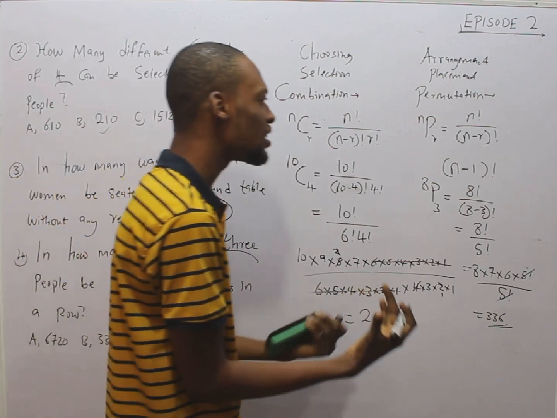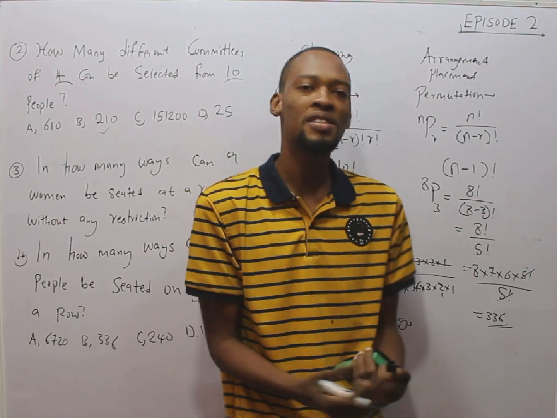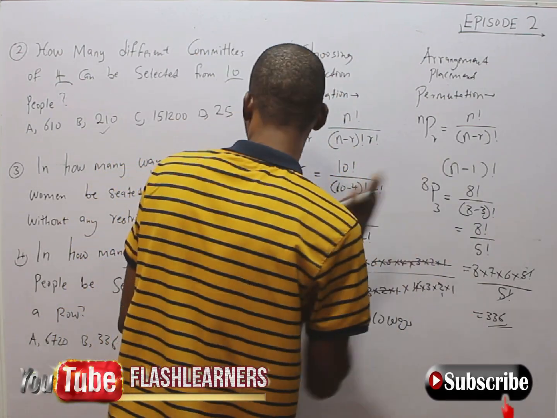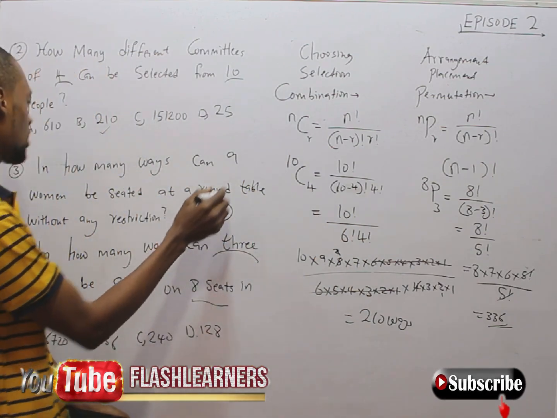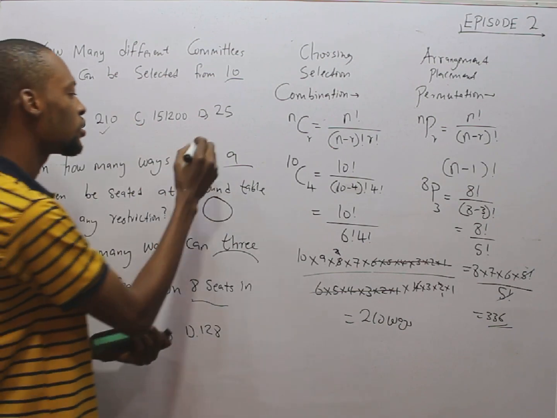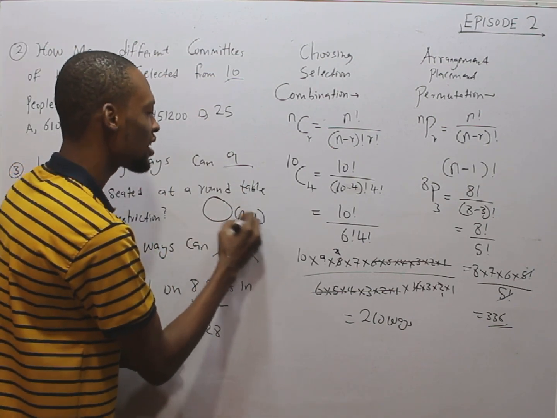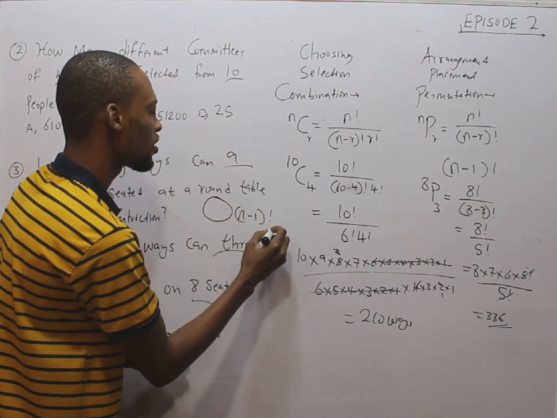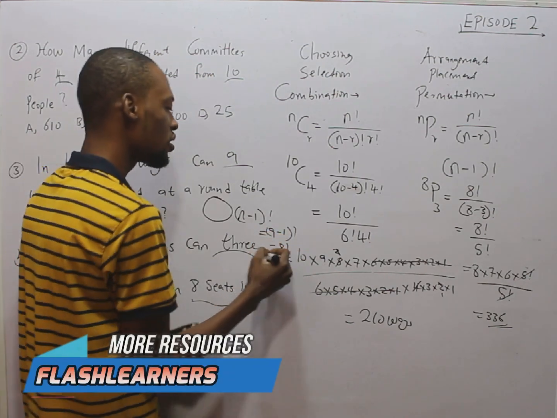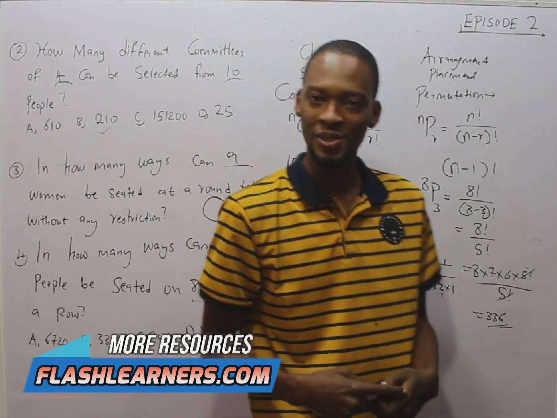So what is n? 9 women. We don't even have r in the first place. So n minus 1 factorial is simply 9 minus 1 factorial, which equals 8 factorial. So the option is 8 factorial.